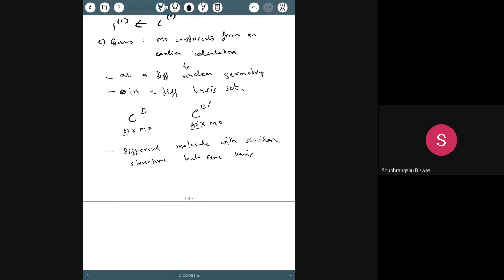Or it converges in 10 iterations with one guess, but it takes 200 in another. So these are all matters of tweaking things and seeing what works best for your system. So this is about the guesses. So the guess must be on the density matrix, but if it is easier to guess the coefficient, like when you're using the Huckel model, you can do that and construct your guess density and feed it in. Okay.